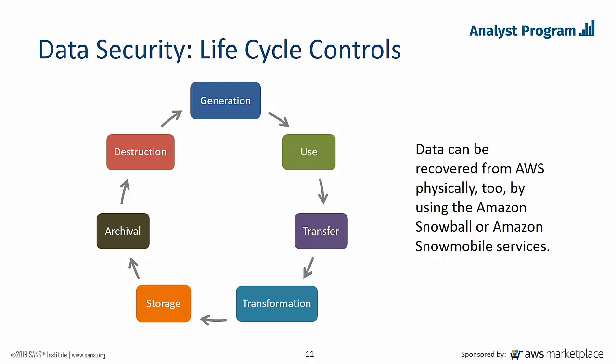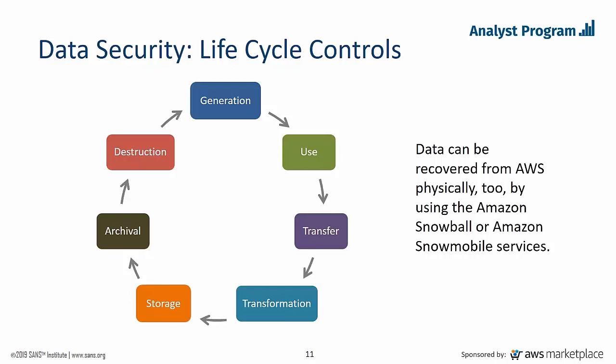So you can get your data out of AWS in a bunch of different ways, very much dependent on how much there is and where it's stored. But you can also basically ship it to yourself by using either the Snowball or Snowmobile services. And of course, if you're using the Snowmobile service, you're probably a very heavy user of AWS and have an extraordinarily large amount of data that needs to be sent back to you. But for some organizations, that's exactly what's needed.